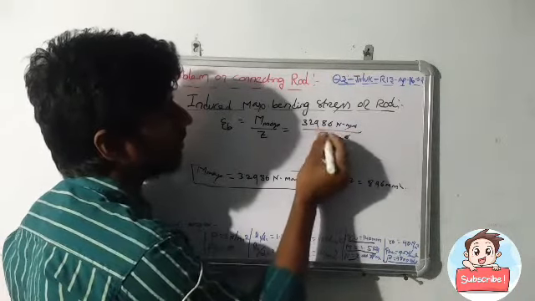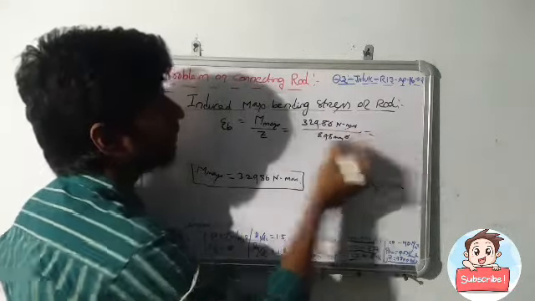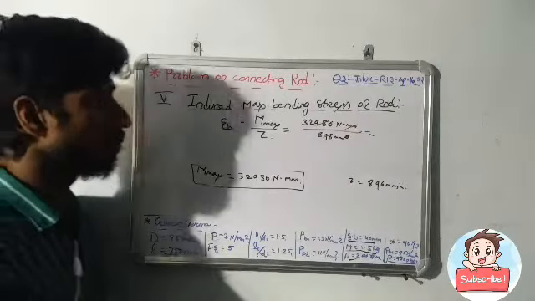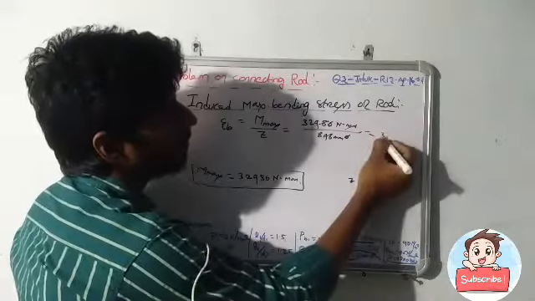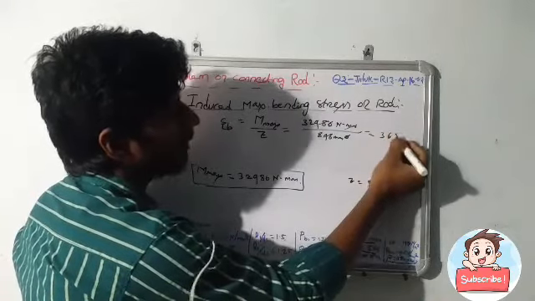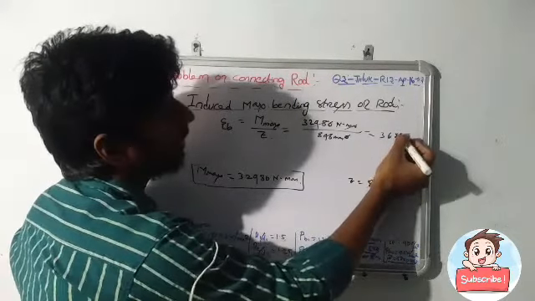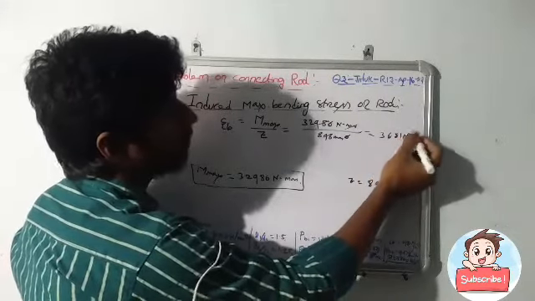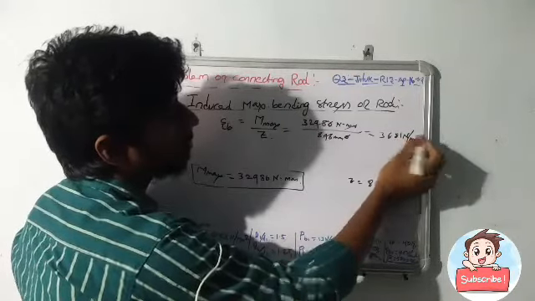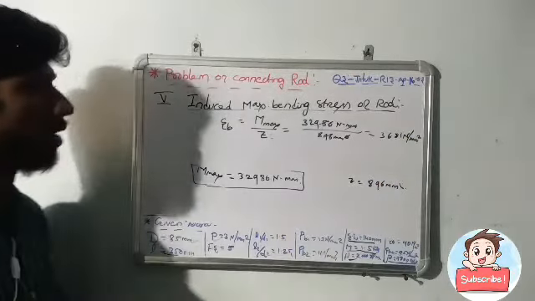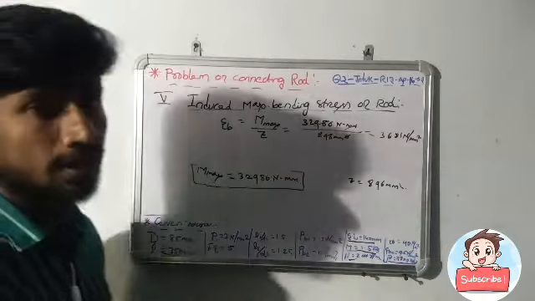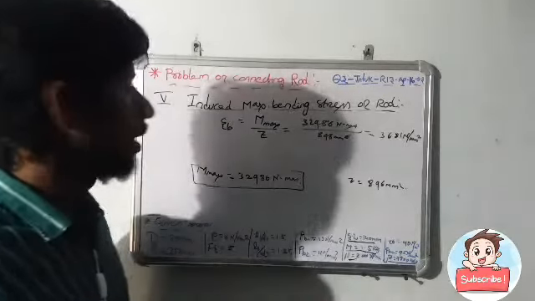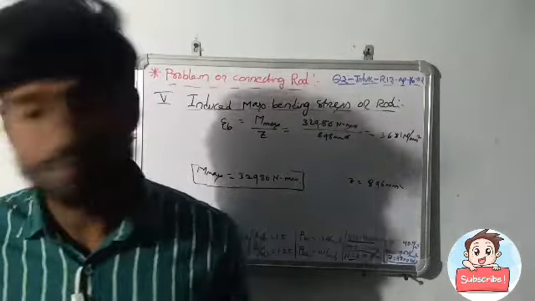By simplifying this, we get the induced maximum bending stress, equal to approximately 36.81 Newton per mm square. So this is the induced maximum stress acting on the connecting rod. And go to the next step.